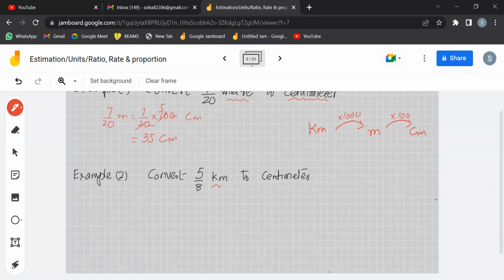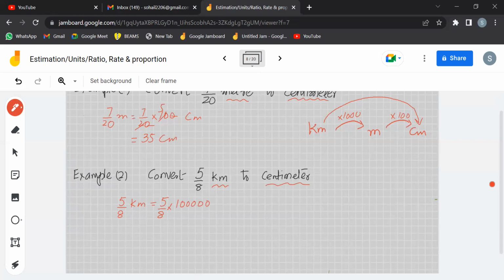Again from kilometer to centimeter, 5 over 8 kilometer. Count the number of zeros and simply multiply 5 over 8 by 1 with 5 zeros: 1, 2, 3, 4, 5. So 5 over 8 multiplied by 100,000.